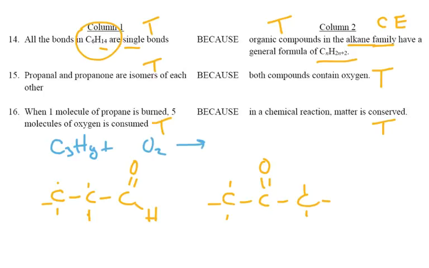We can see we're going to get 3 CO2s, and we're going to get 4 H2Os. And when we add those up, that's 10 oxygens, so that's going to be 5 O2s. So the first statement is true, second statement is also true, but I don't think that is a good enough answer. It's true, true, not necessarily correct explanation.